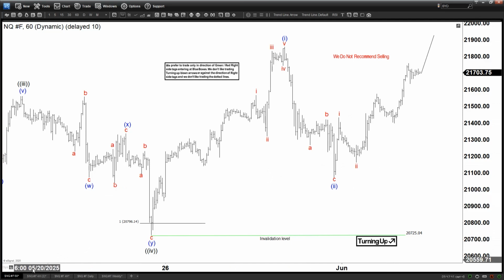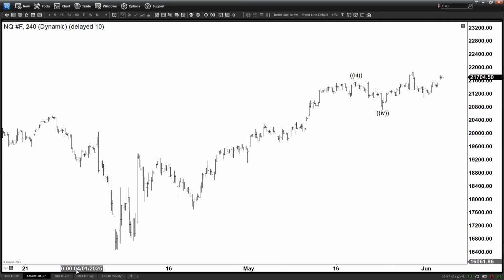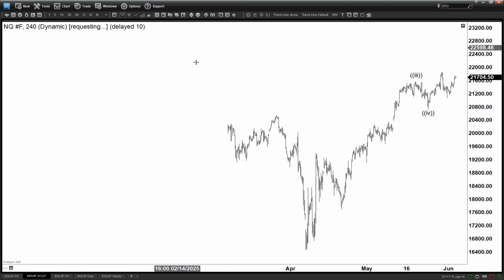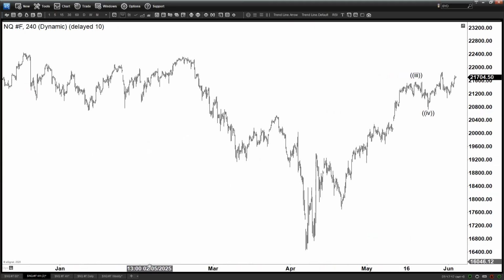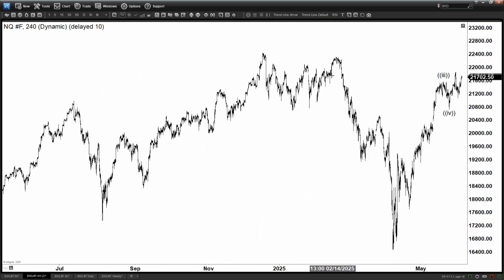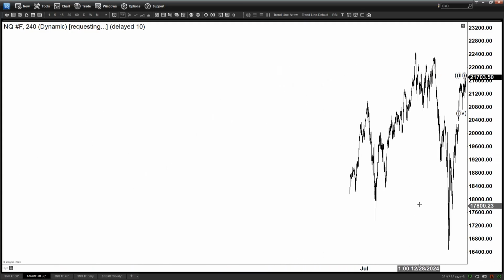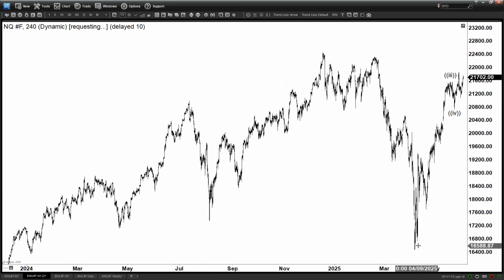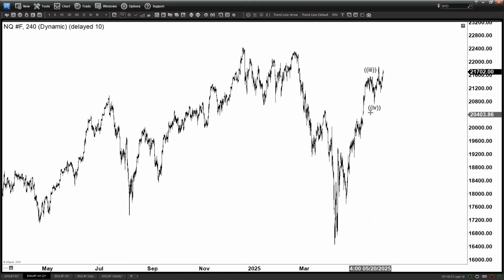As you know, we've been getting a pretty decent sell-off after the tariff war, right? After Trump announced the tariff war, we got this pretty decent sell-off in the Nasdaq, and you can notice here that since we bottomed back on April 7, we've been rallying quite aggressively.